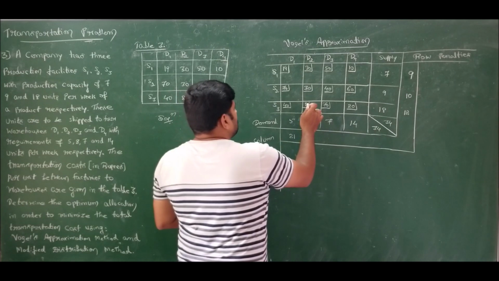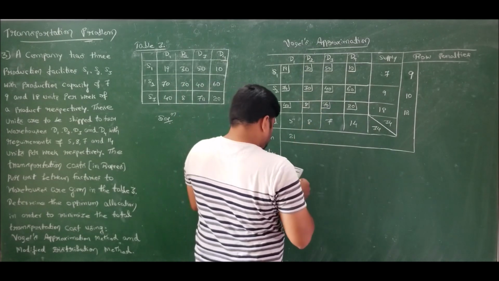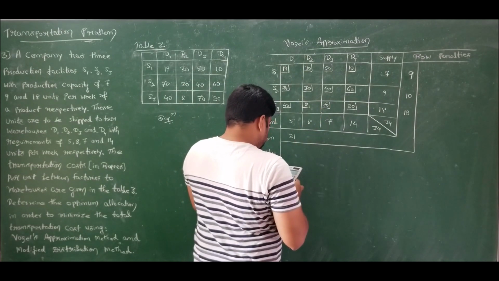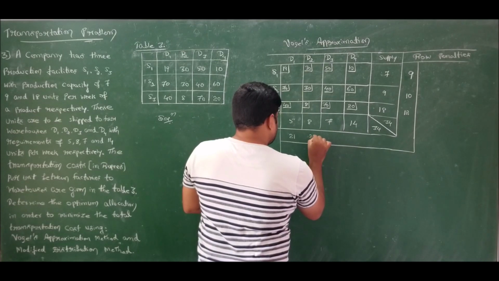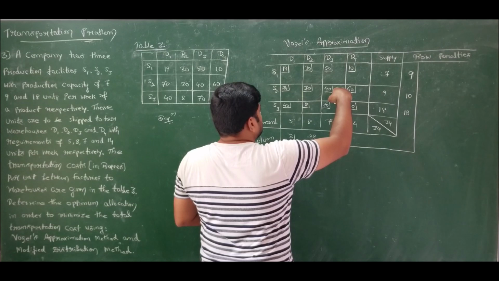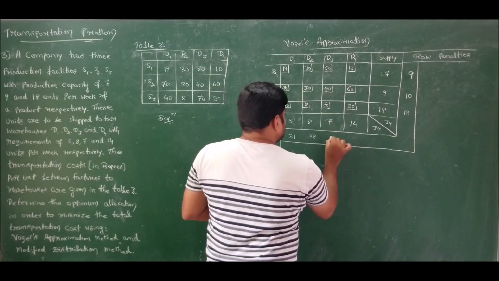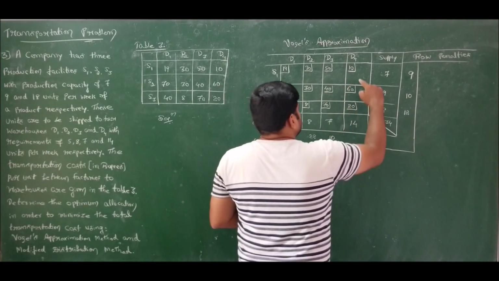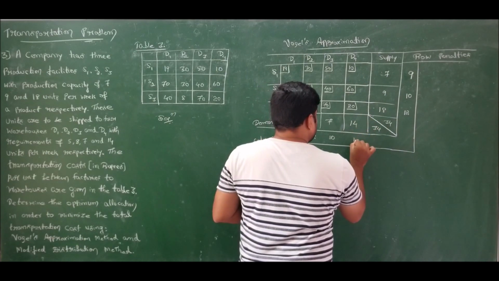Next, least cost 8 and second least cost 30, so 30 minus 8 is 22. Next, least cost 40 and second least cost 50, the difference is 10. Next, we have 10 and 20, the difference is 10.